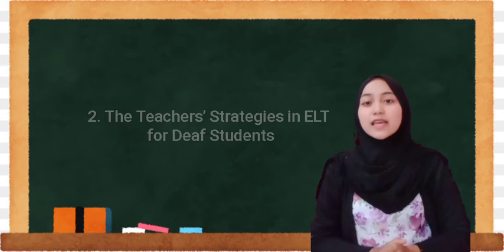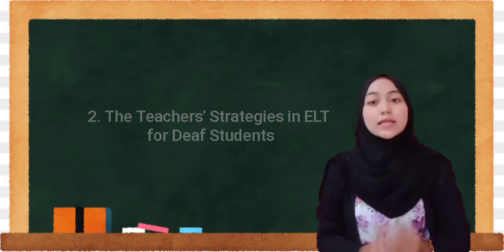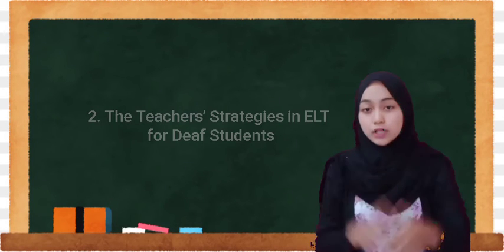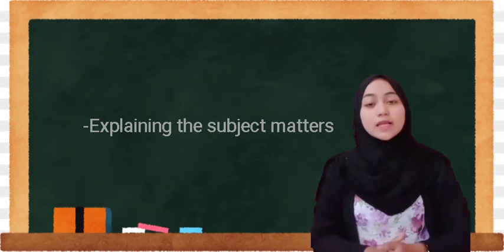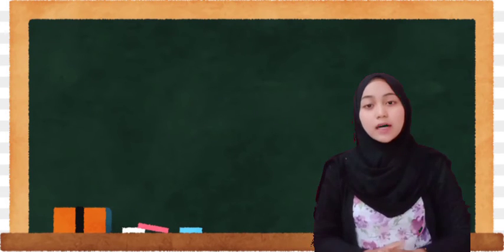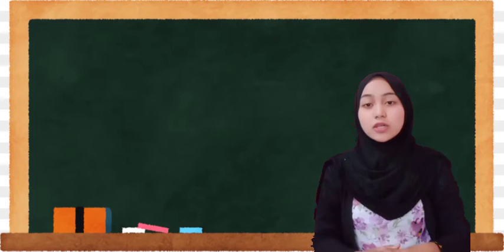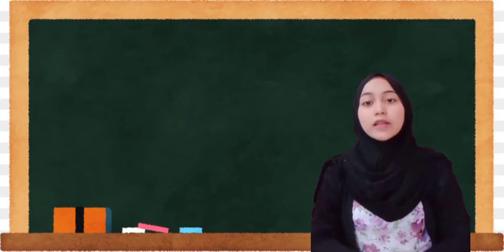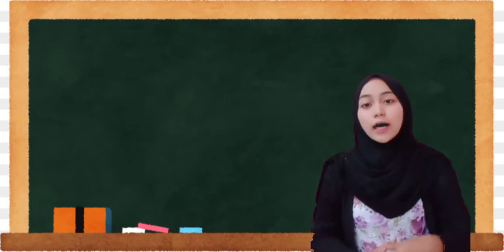And the second is the teacher's strategies in ELT for deaf students. The first, explaining the subject matter. Explaining is another strategy that is easier for the teacher to do in teaching English. For the deaf student, explaining is done by the teacher by writing down the words on the blackboard.